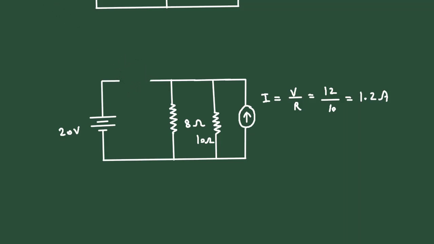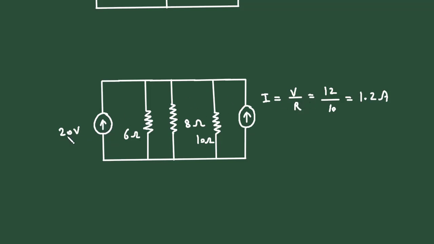So this 6 ohm will become parallel like this, and this voltage source will become a current source, and the direction of that current source will be according to the polarity of this voltage source. So here positive and here negative, so the direction of the current source will be upward, like this, and again I is equal to V by R.